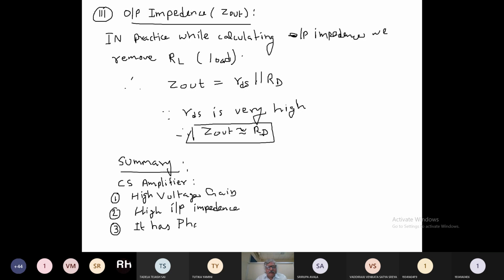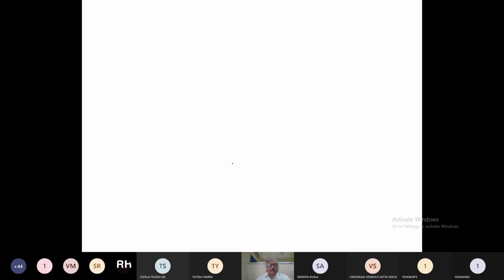Phase reversal. Okay. Now we see the common drain amplifier.